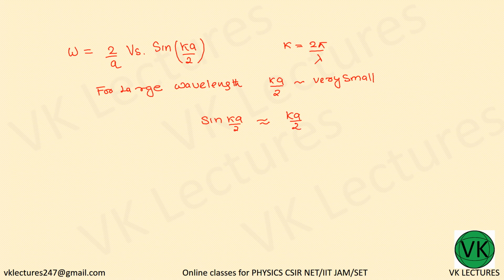Thus our frequency omega becomes 2 by a Vs into Ka by 2, so that is equal to K times Vs.